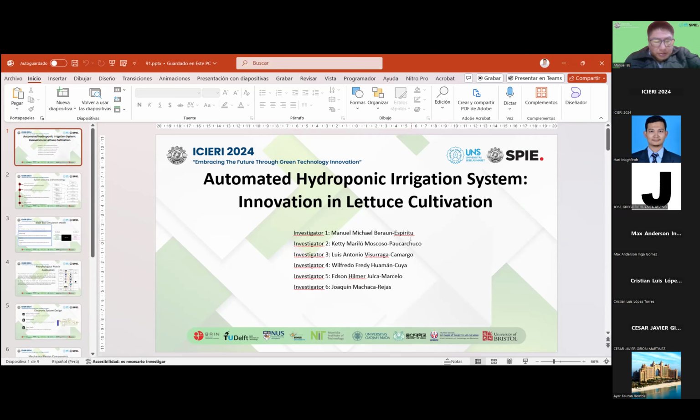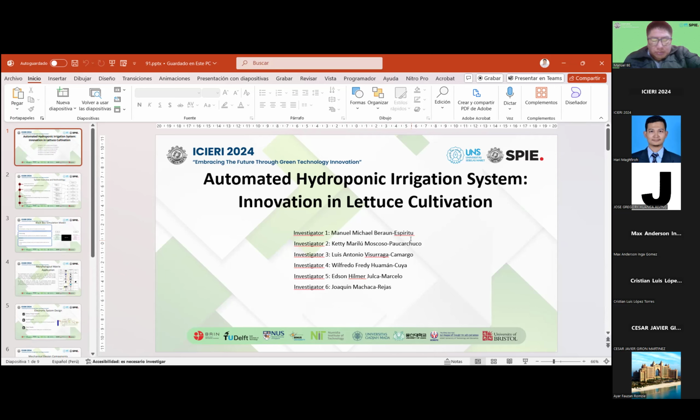This paper presents the design and development of an automated hydroponic irrigation system optimized for lettuce cultivation using advanced technologies such as sensors and control systems based on a black box simulation model. The system allows precise water and nutrient management, ensuring ideal conditions for plant growth.